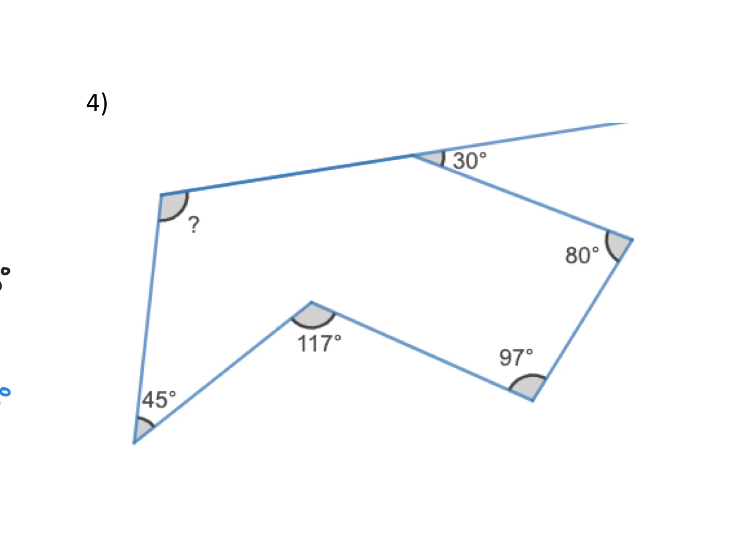For number 4, we again want to know how many sides this shape has. So I'm going to go 1, 2, 3, 4, 5, 6 sides. So this is a hexagon. Let's get the sum of the angles in a hexagon, just so that we have that.